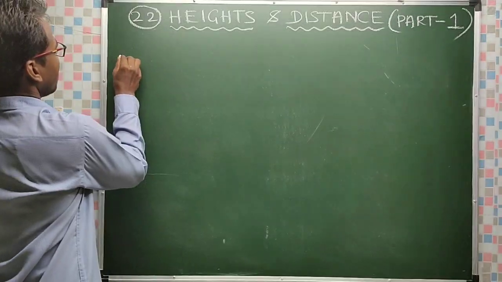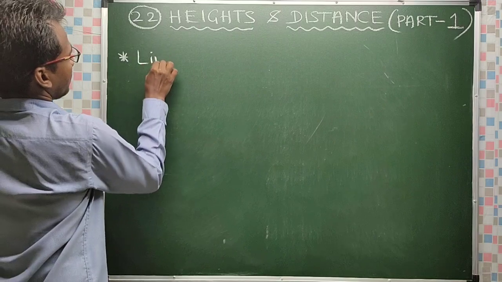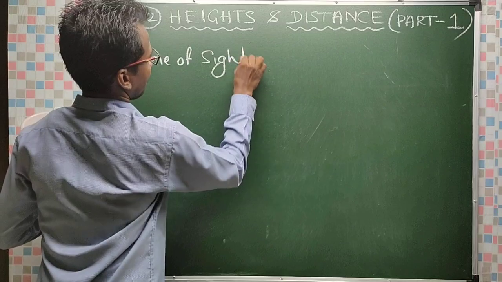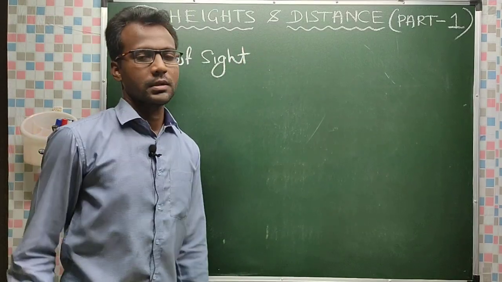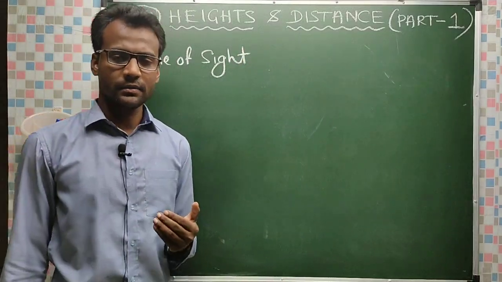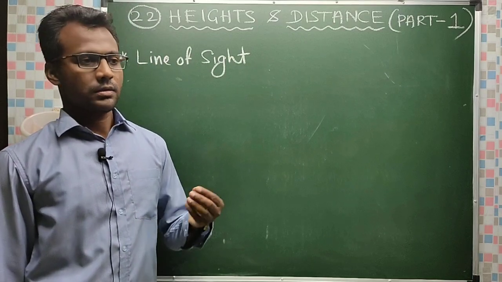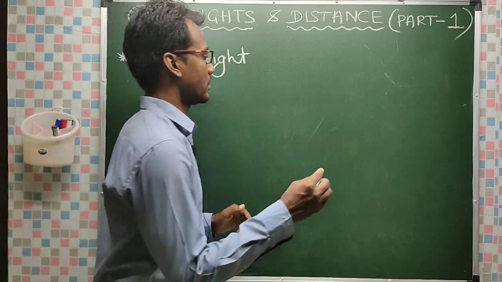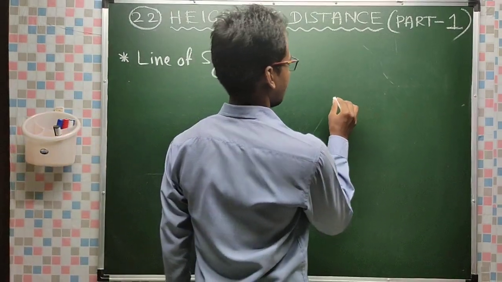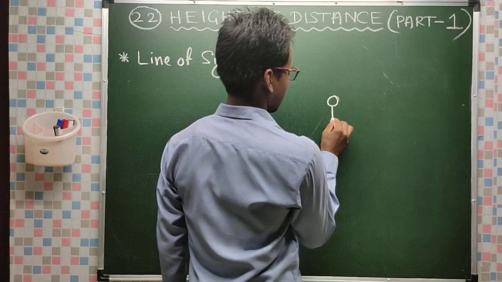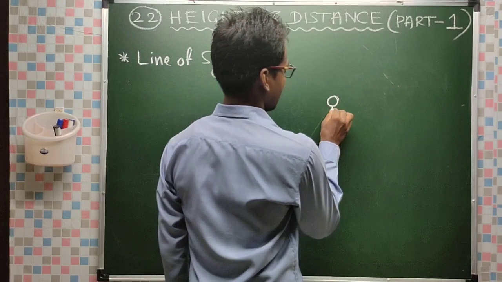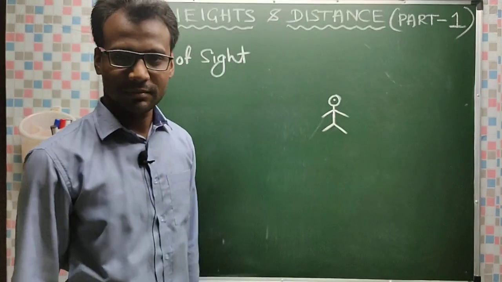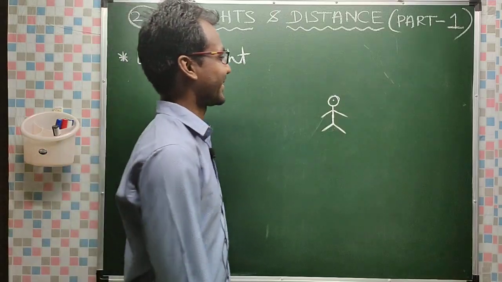First is line of sight. Line of sight means it is an imaginary line that is drawn from your eyes to the point that you are looking at. For example, suppose this is a person.